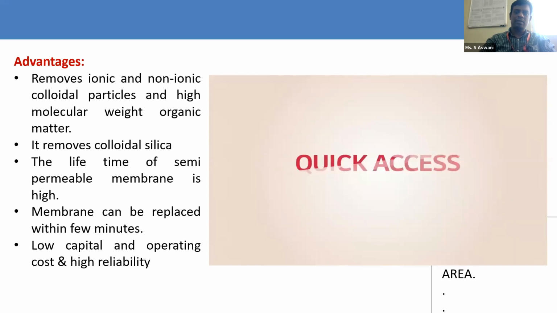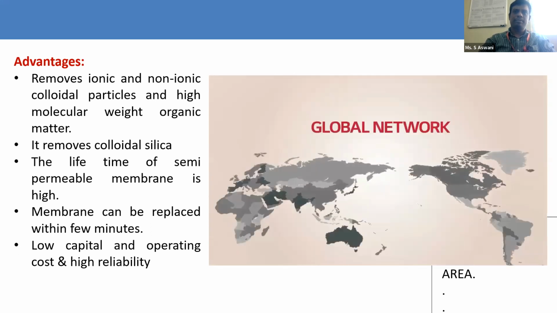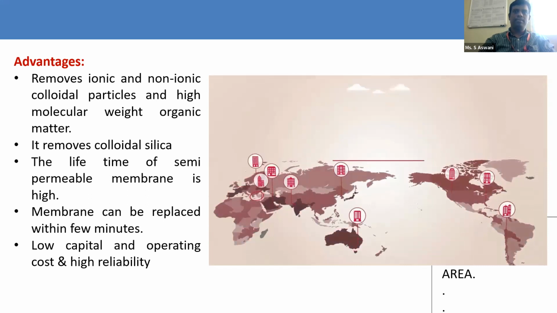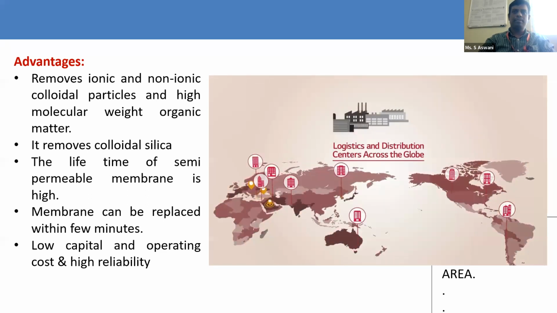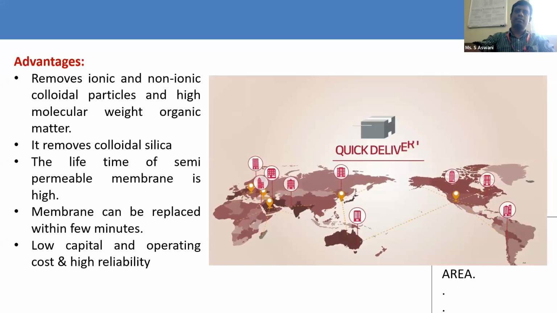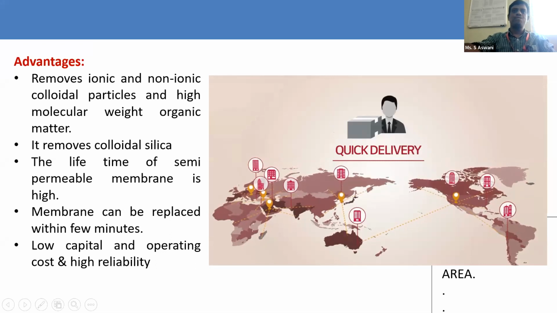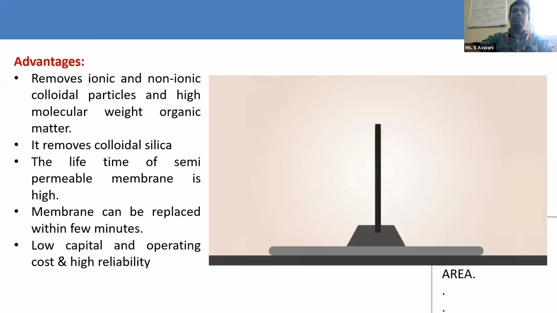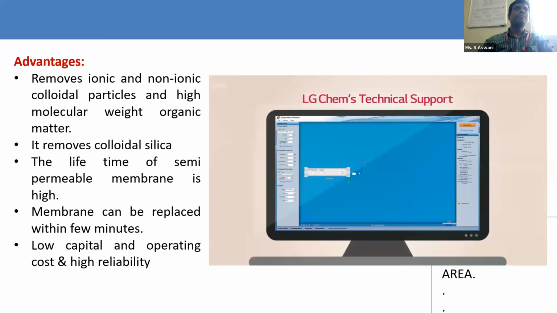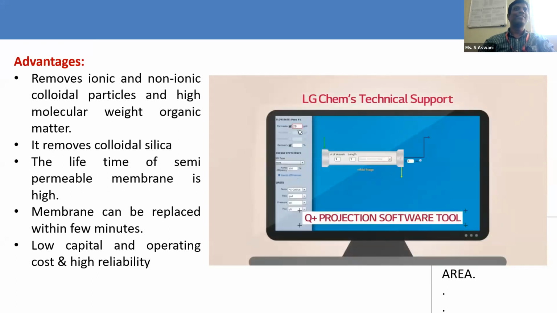LG Chem's global network of sales offices and distribution centers ensures quick access and delivery. From Asia to the Middle East, throughout Europe and the Americas, LG Chem's team of sales and application engineers are ready to support each project from start to finish. LG Chem's Q+ projection software and QC normalization programs are widely considered to be the most intuitive and comprehensive tools in the industry to helping customers maximize the performance of their RO system.